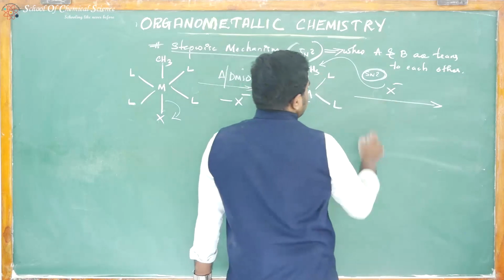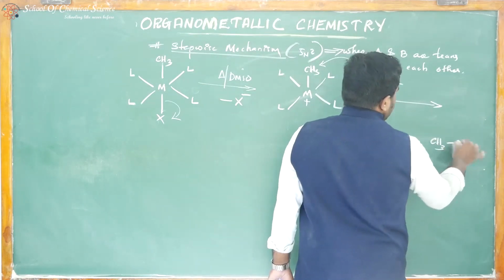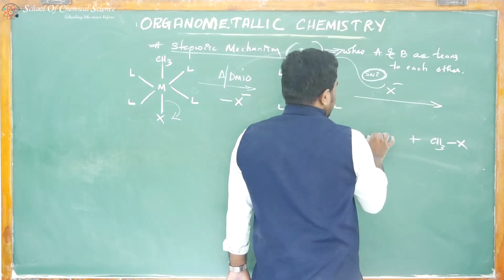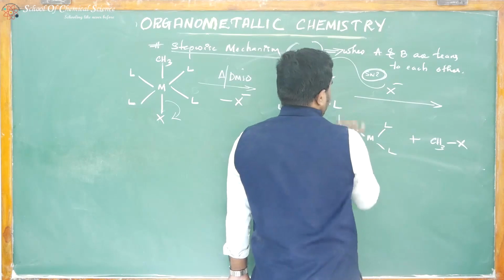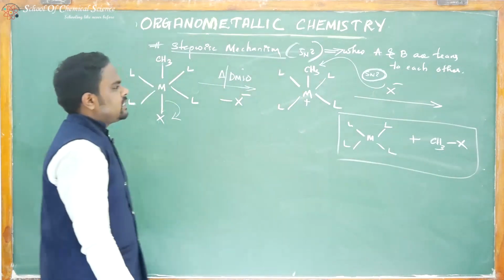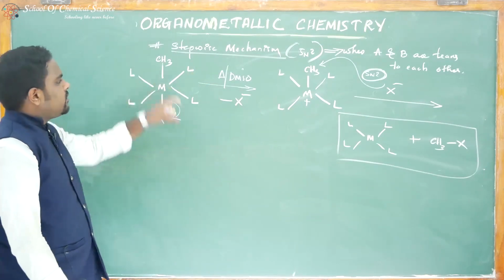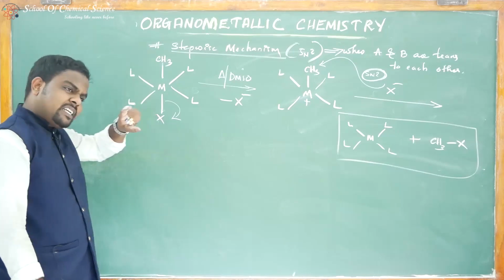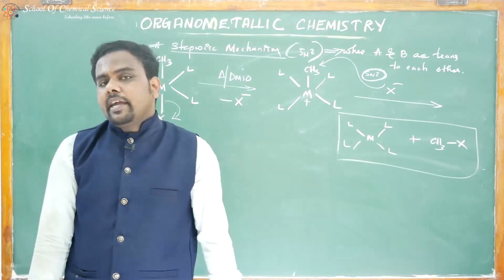So CH3X is eliminated, CH3X as the product plus M, L, L, L. So this will be your product, ML4 plus CH3X. So SN2, or this stepwise mechanism, is favored when they are trans to each other, but the rate of elimination when they are trans is very slow compared to cis.